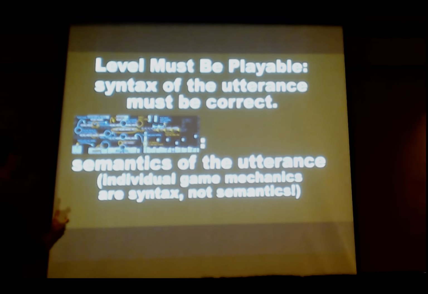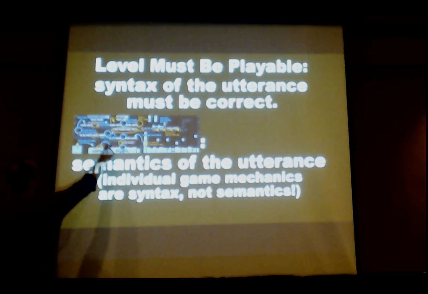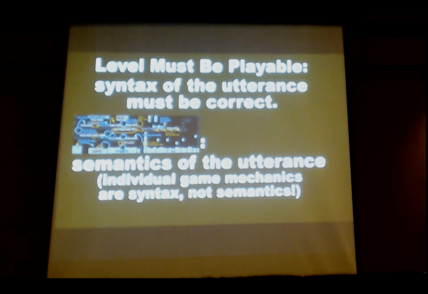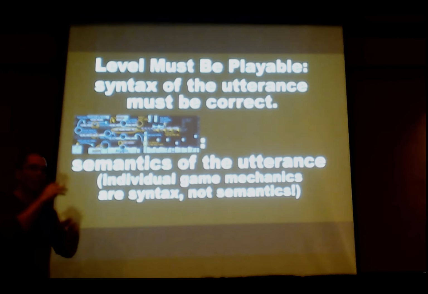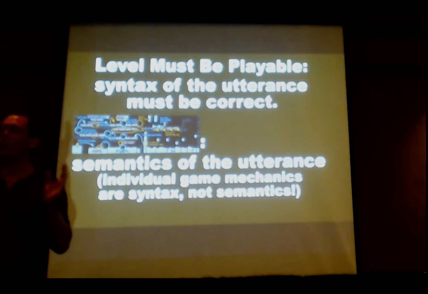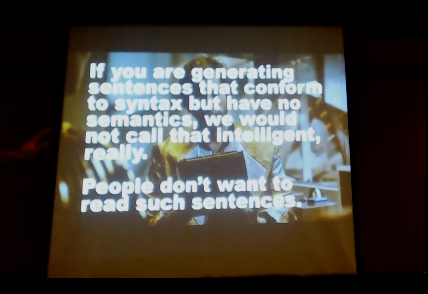When I circle, say, this big gap, I would say the syntax of that is maybe that there's a gap in the level. The semantics is what that means for my ability to navigate the level as a player. I know that the words syntax and semantics are overused, and everyone uses them to mean different things, but it was the closest thing I could figure out to what I wanted to say today. So I'm just going to keep using those.